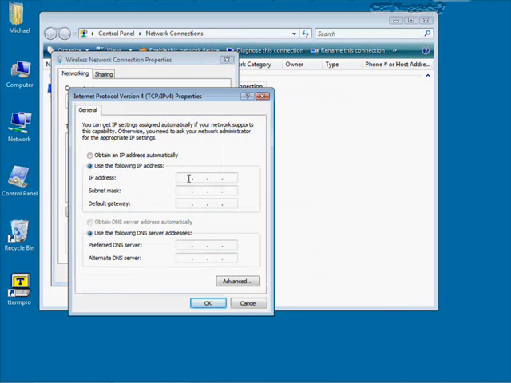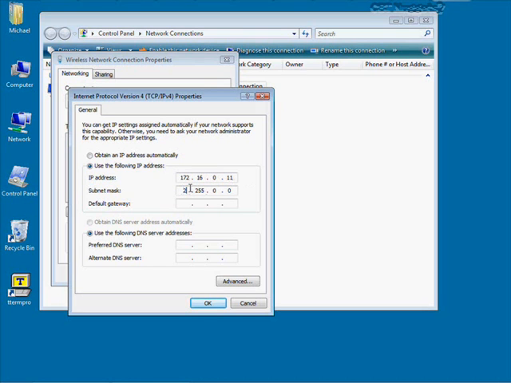Now if I'm going to do this, I'm going to stick to my addressing scheme, which is 172.16.0, and again, .1 is probably going to go to a departmental multi-layer switch or a router. Let's say I am .11. So that's my static address.